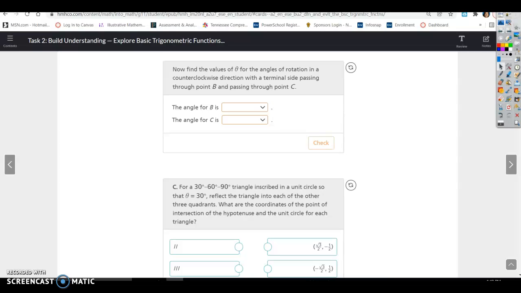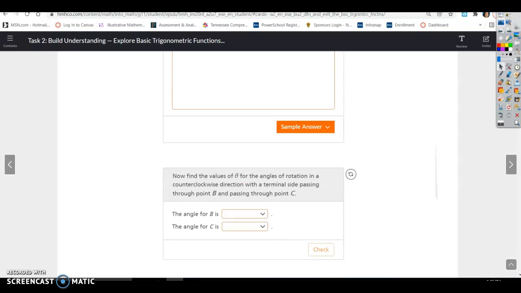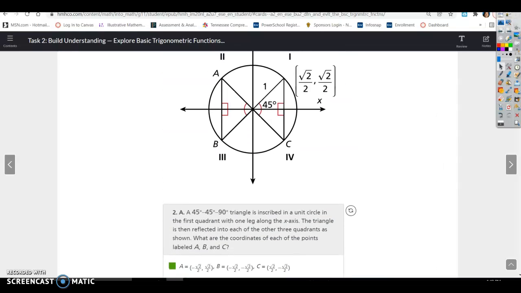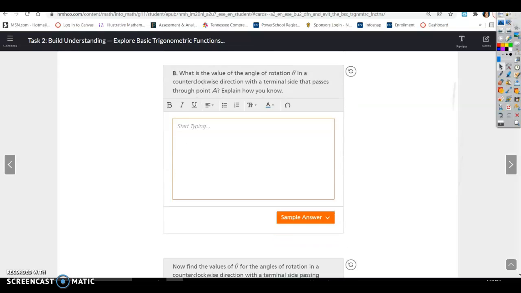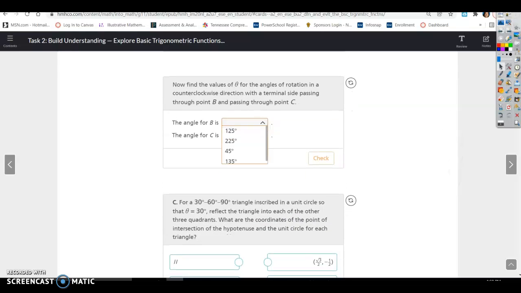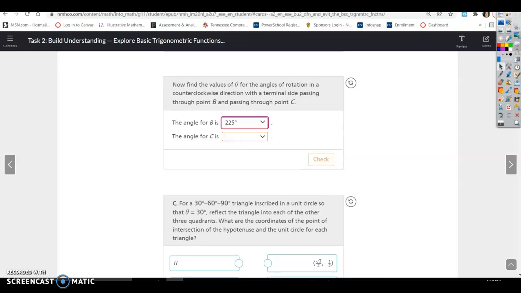All right. Now find the values of theta for the angles of rotation in counterclockwise direction for the terminal sides passing through points B and passing through points C. If we go back up here and look, point B would be 180 plus 45, so we're going to have 225.